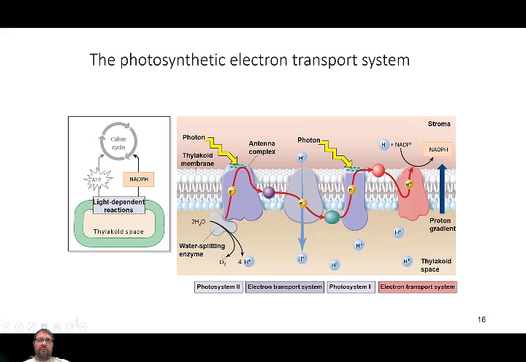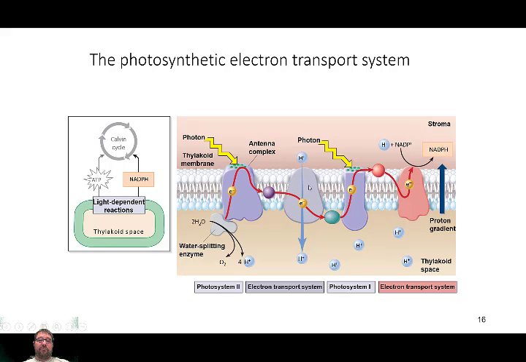As a waste product, oxygen is formed, and then you get a bunch of protons, or hydrogen ions, in the thylakoid space. Now, we talked about this before. A photon comes in and excites the electron. The electron moves to a carrier and is passed to another protein.